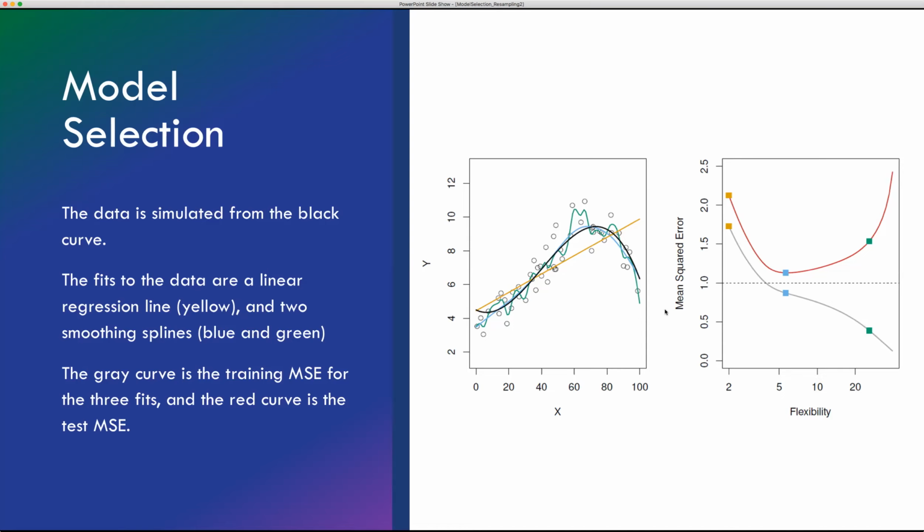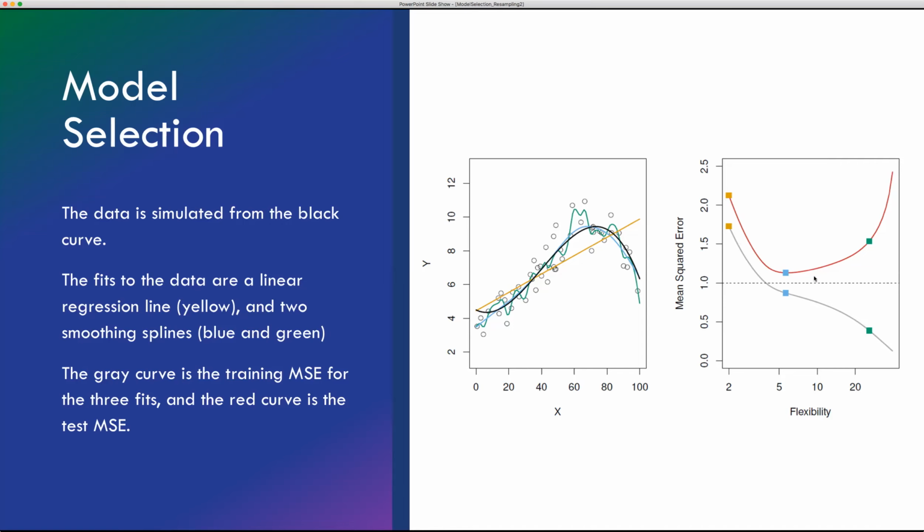So we split the data into training and testing, and we want to compare their mean squared error. This gray curve here is the training mean squared error for these three methods, and this red curve is the testing mean squared error.